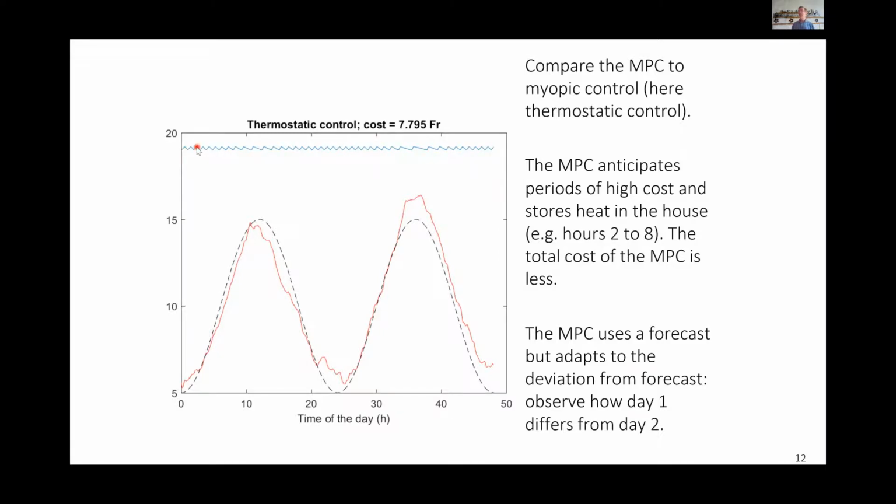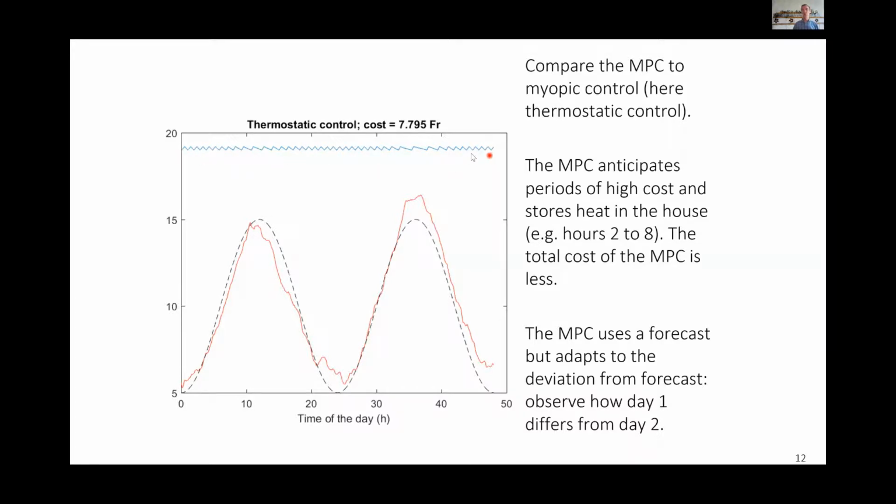Here I can compare to what we do if we don't have an intelligent heating system. If I have simply a thermostat that I set to 19 degrees, which is the middle of the deadband, then we see that the thermostat will heat until it reaches some epsilon above the band that it's controlling. Then it will drop heating, then start again.